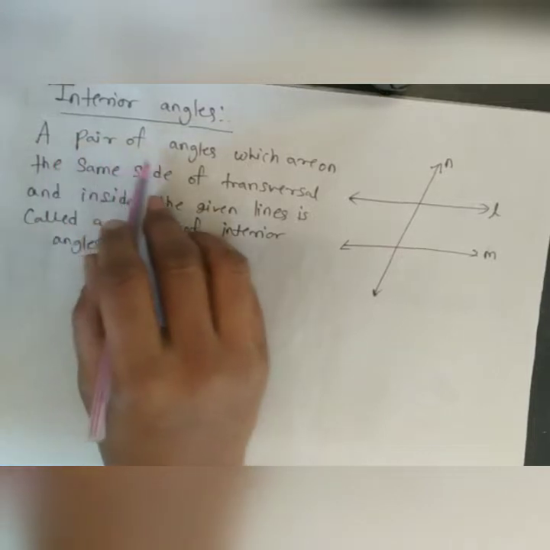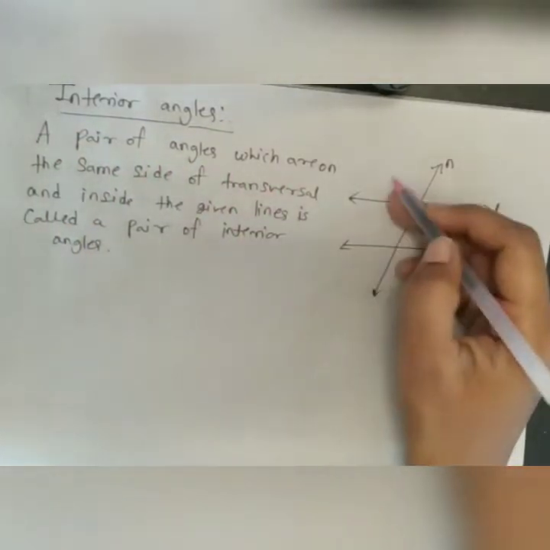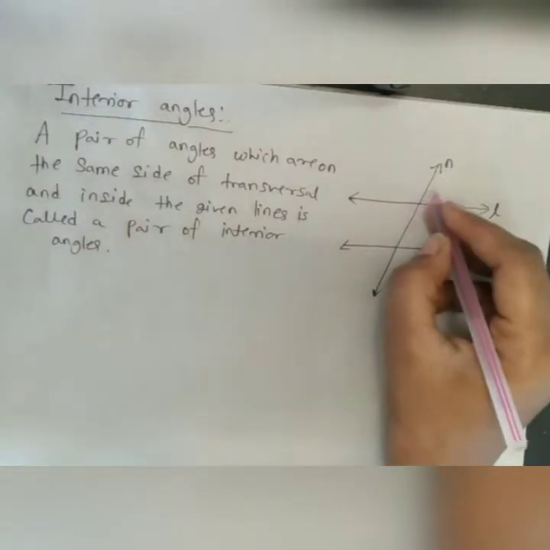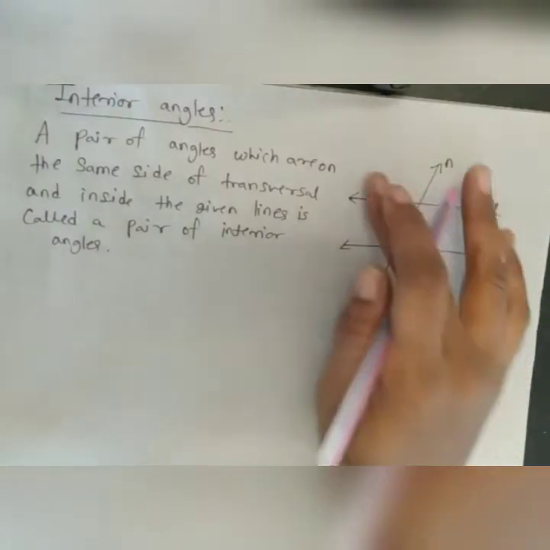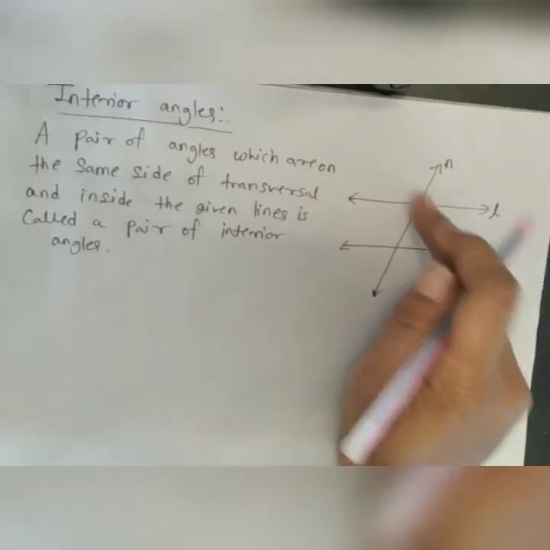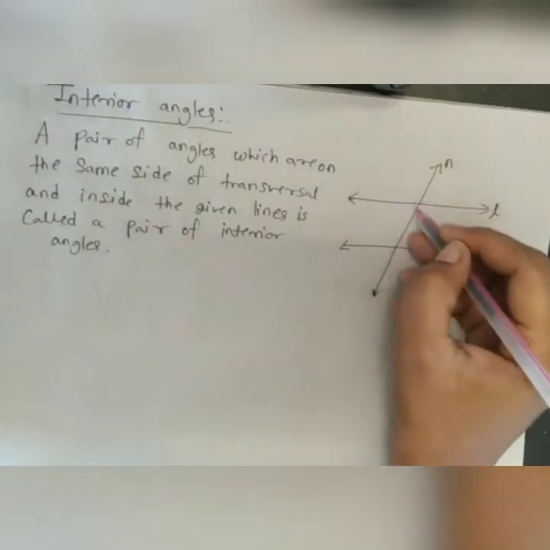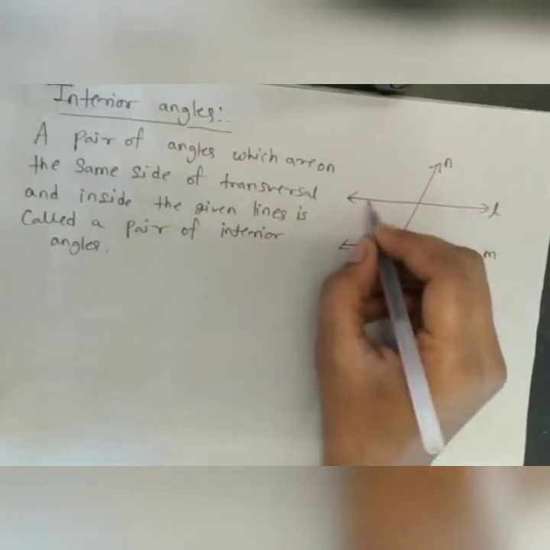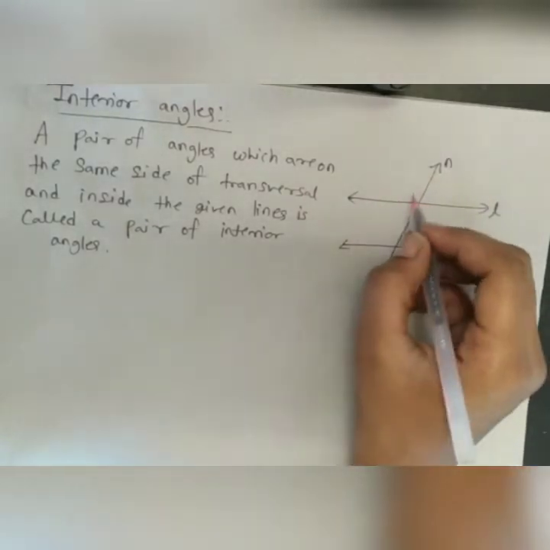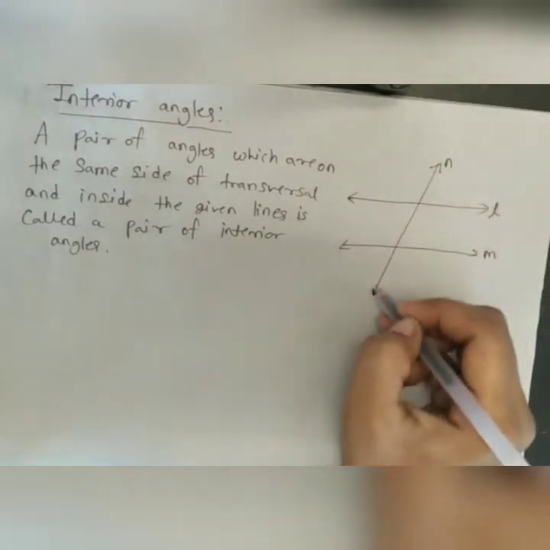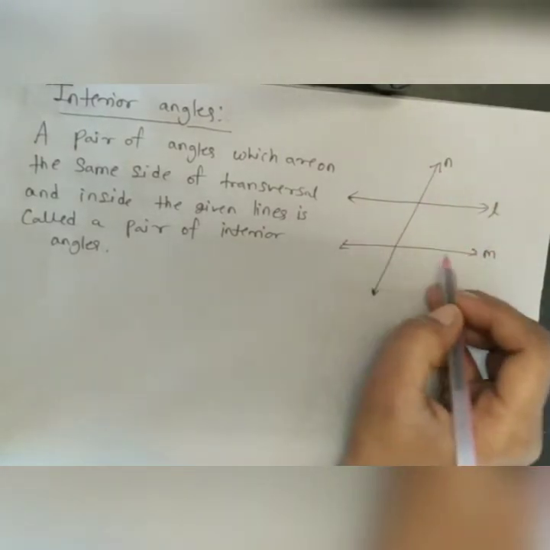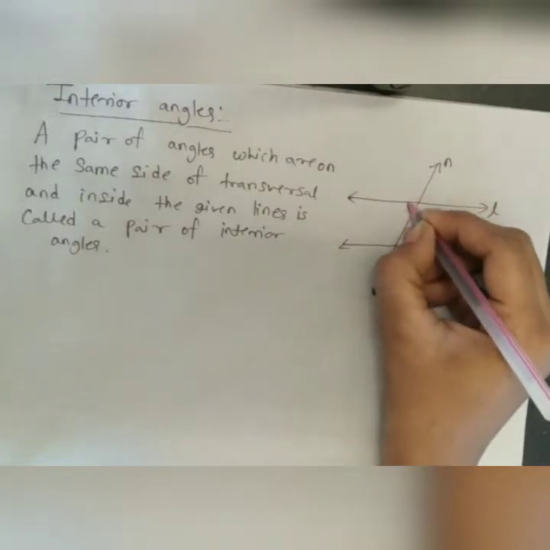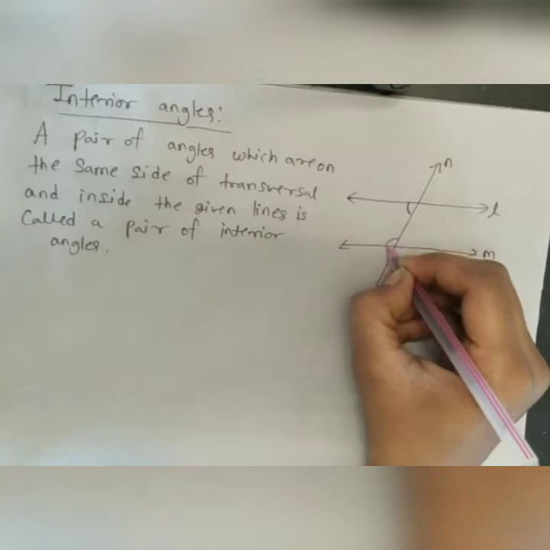Now, a pair of angles which are on the same side of the transversal. This is our right side and this is the left side. A pair of angles which are on the same side of the transversal and inside the given lines. Inside means inside the lines, we have one pair.